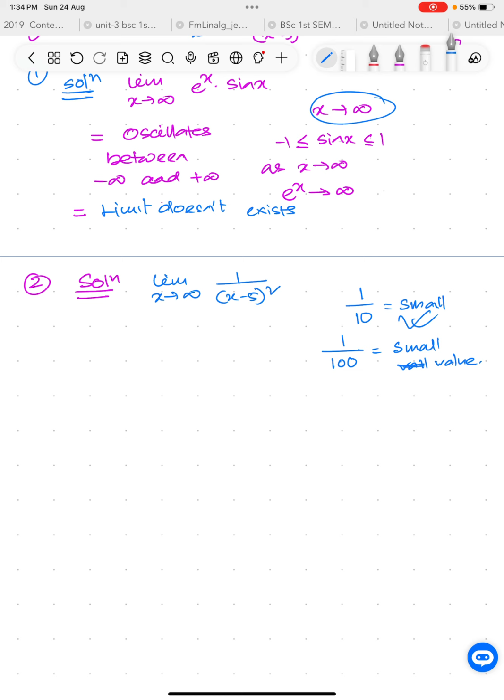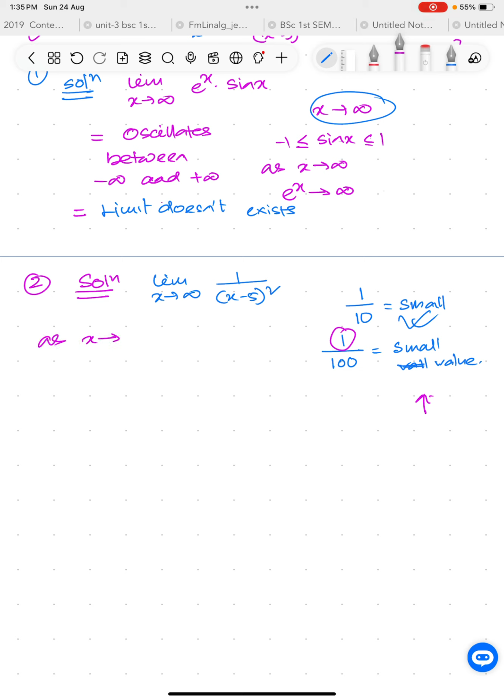In this way, if we repeat this process, that means every time you divide the number 1 by a bigger value, that means if you increase the denominator, you are going to get a very small value.